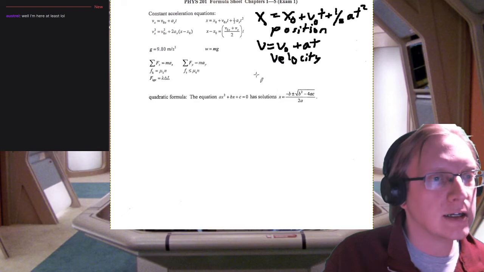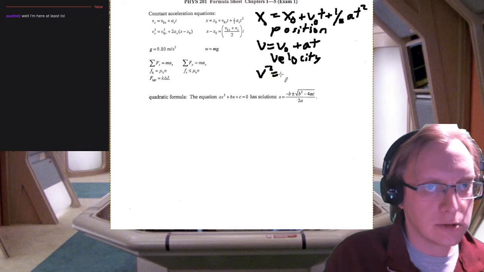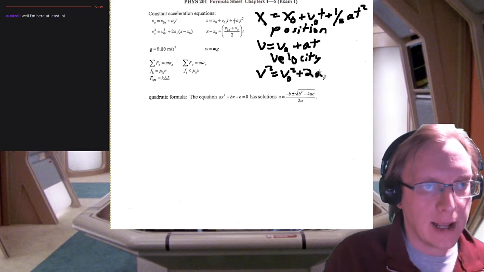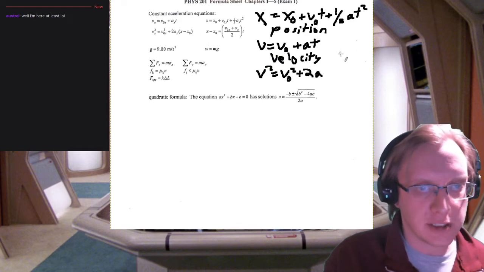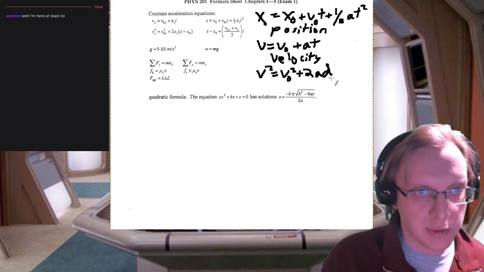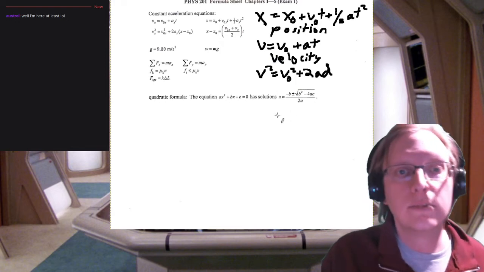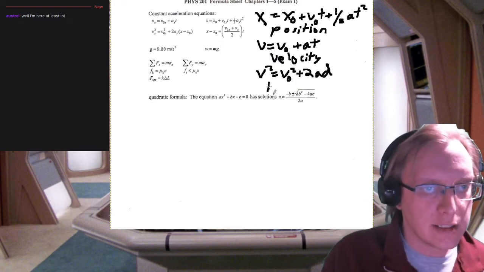And then the next one I like using a whole lot of is v square is equal to v naught square plus 2a, and then they take the difference of positions here. I like to just call it d. And for reasons which will become obvious when you get to energy conservation, I like to call this the energy formula.